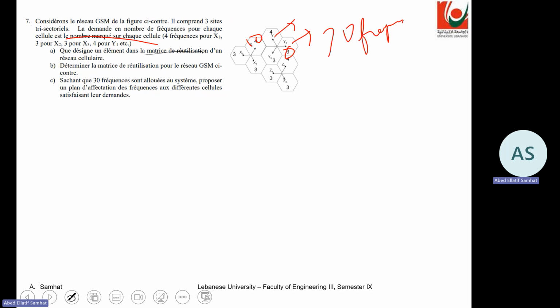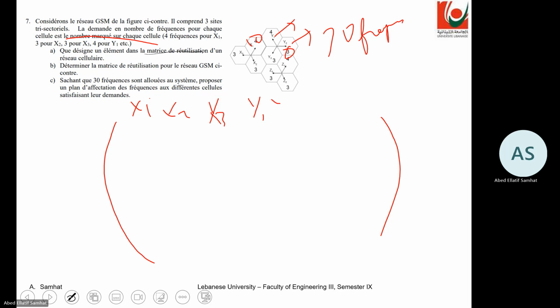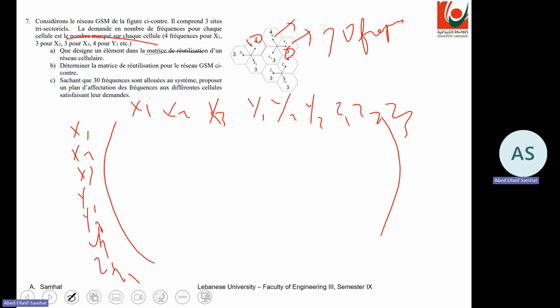In order to find this reuse matrix, we put the different cells: x1, x2, x3, y1, y2, y3, z1, z2, z3 in rows and columns. Typically, in order to avoid interference, if we want to use frequencies in the same cell, we should have at least three hops between them.